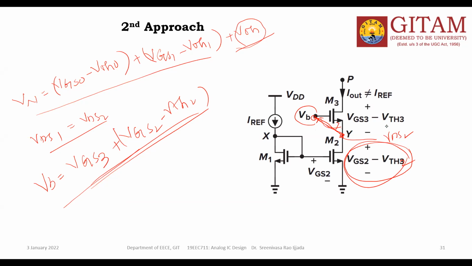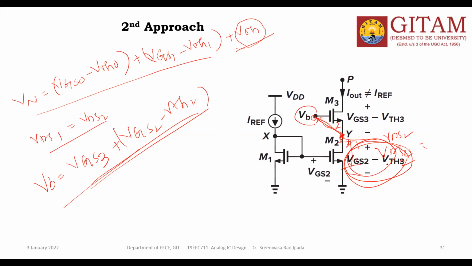VDS2 means the drain to source voltage of the second transistor. This is equal to one overdrive potential, which is gate to source voltage minus threshold voltage.